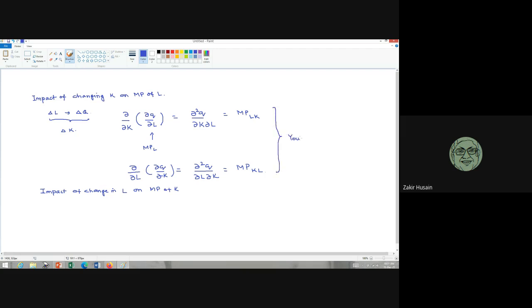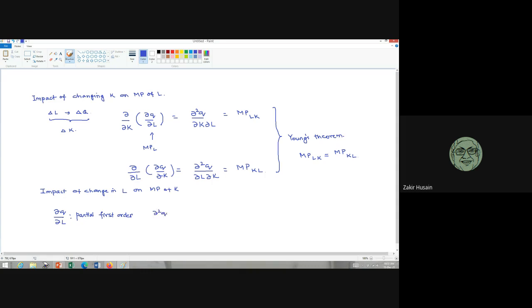Now, Young's theorem says that these are equal. These are always equal. That is one point. And the second point is, when we looked at del Q by del L, this was called the partial first order derivative.